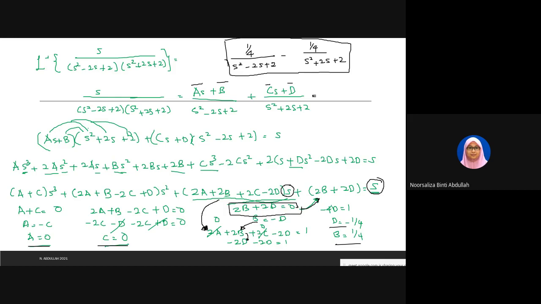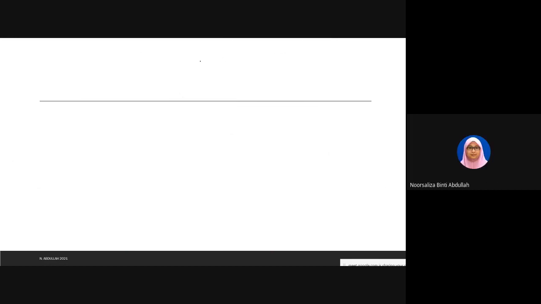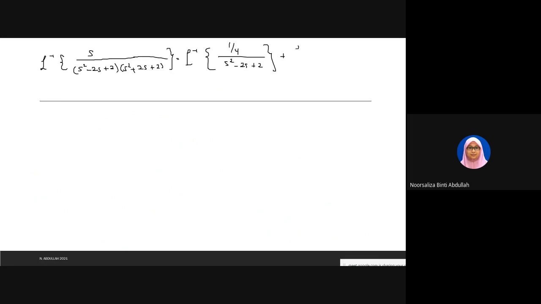Okay, sampai sini. Okay ke tak okay ni? So inverse S. Sama juga dengan 1/4 S square minus 2S plus 2 plus, oh sorry, plus pula minus kan?